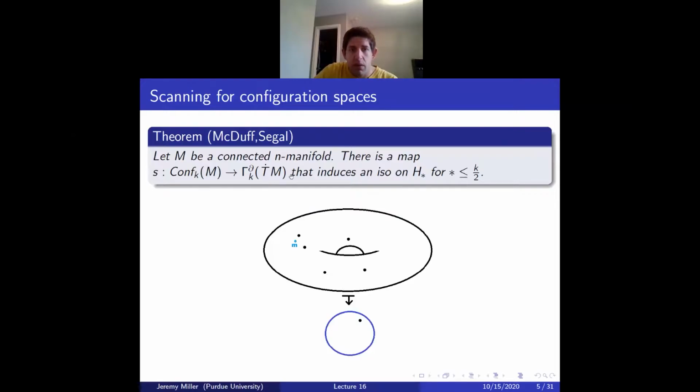So as the number of points tends to infinity, homologically you can think of this configuration space as being the same thing as the space of possibly infinite vector fields of degree k. And this map is called a scanning map, so it's one of those where you move your disk around your manifold and you record what you see. I'll define that more later. Any questions on the statement of this theorem? I'll construct the map rigorously, and I'll give an alternate description of degree soon.